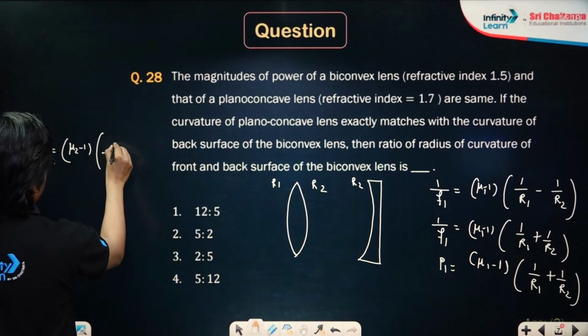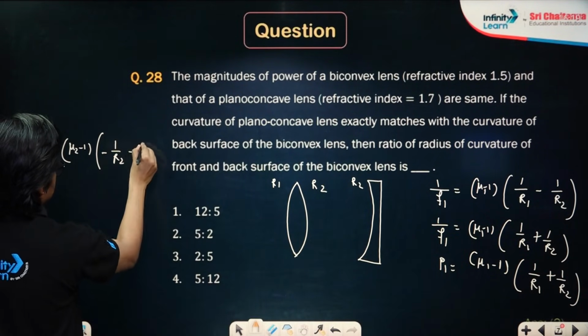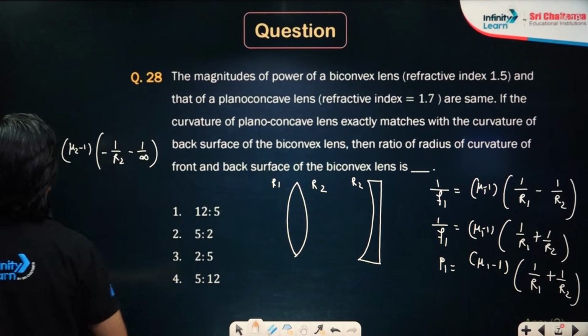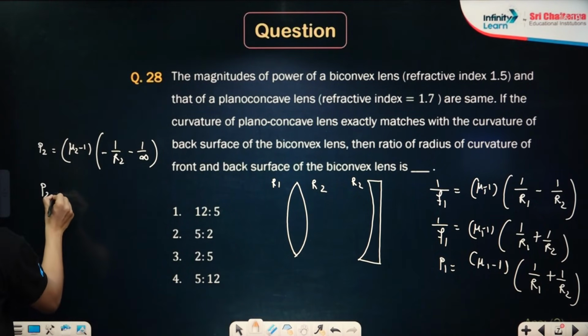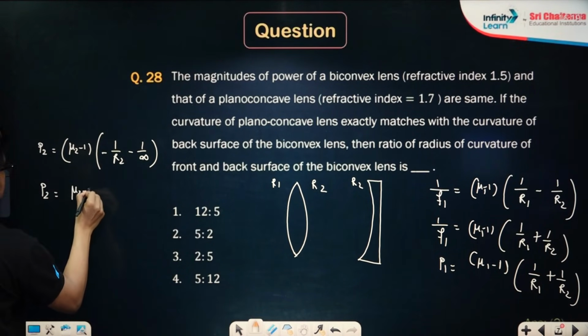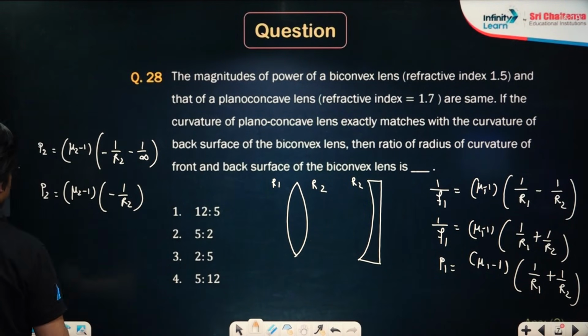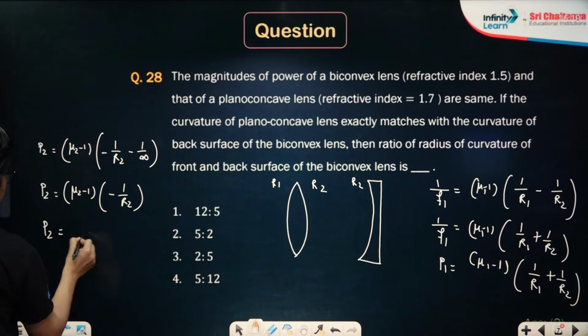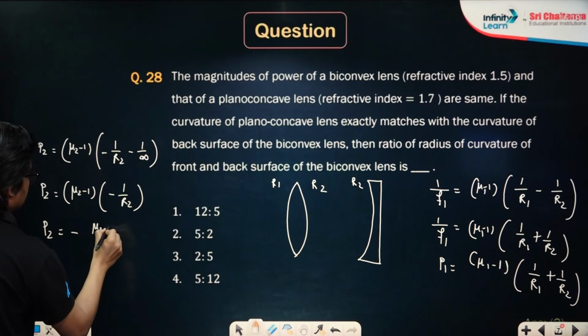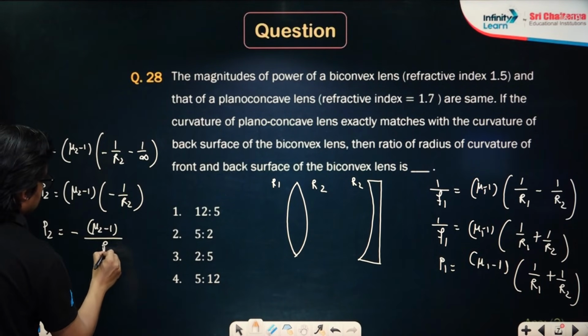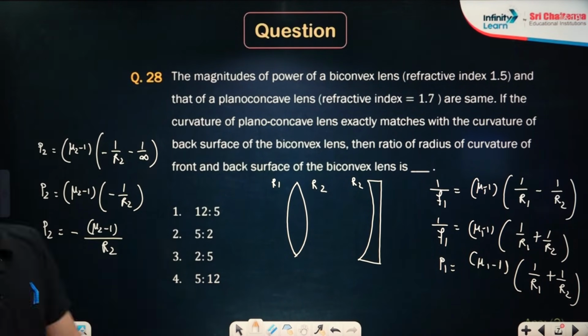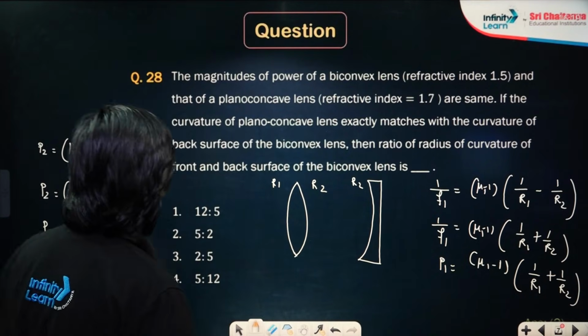So minus of 1 by R2 minus of 1 by infinity, and you get P2 equal to mu2 minus 1 into minus 1 by R2. So P2 is equal to minus of mu2 minus 1 divided by R2. 1 by infinity is 0.